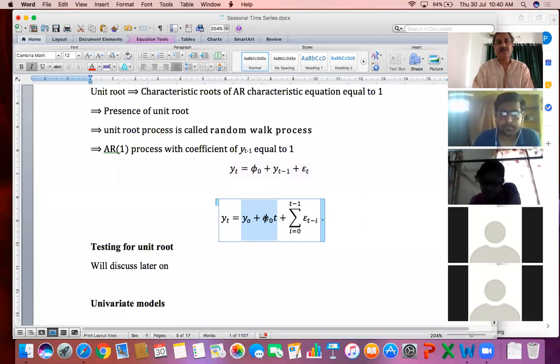So yt increases over time at the rate phi naught, or decreases over time at the rate of phi naught, plus there is another component, the sum of epsilon. This sum of epsilon means the shocks are accumulating, and by the accumulation of these shocks, another kind of trend appears, what is called the stochastic trend.